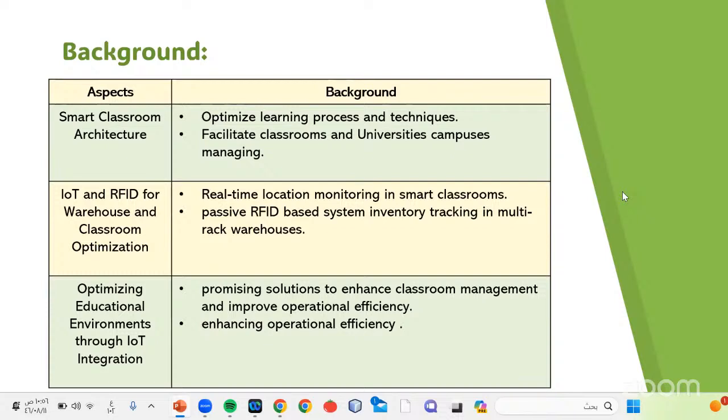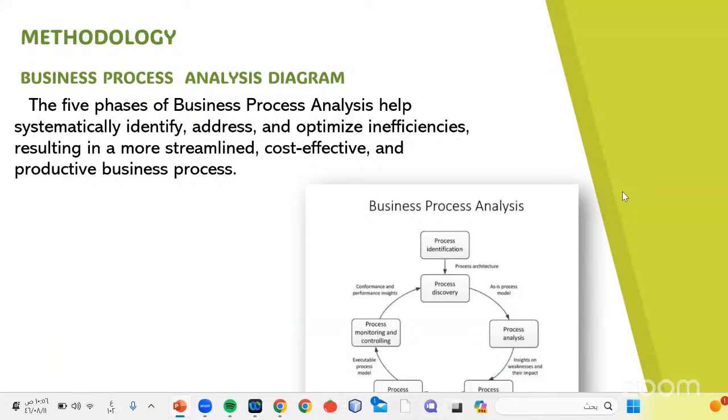We categorize the literature review into these aspects. Next, we talk about the methodology with my colleague Ala. Here we talk about the business process analysis using this diagram. This diagram shows the cycle of steps to improve a business process. It starts with process identification, where we define which process we want to analyze.